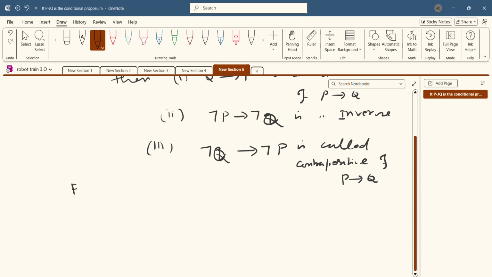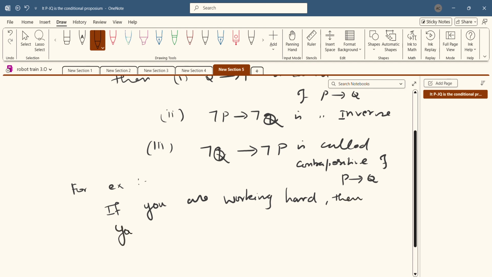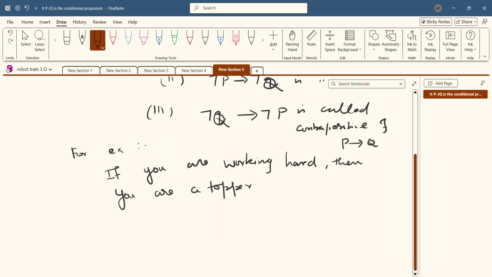For example, if you are working hard, then you are a topper. So this is a statement: if you are working hard, then you are a topper.